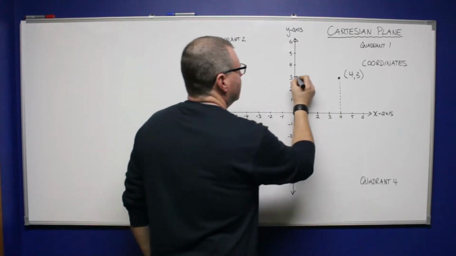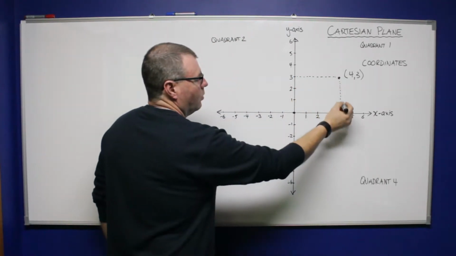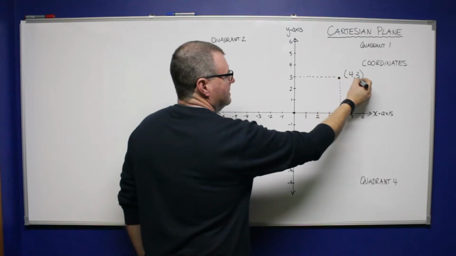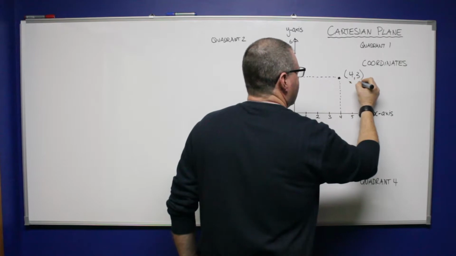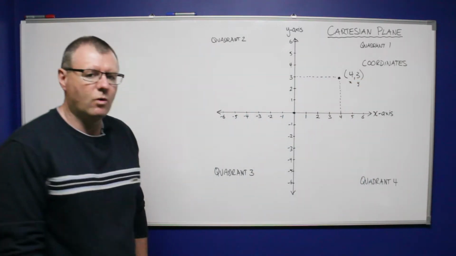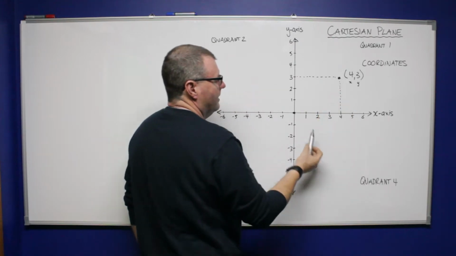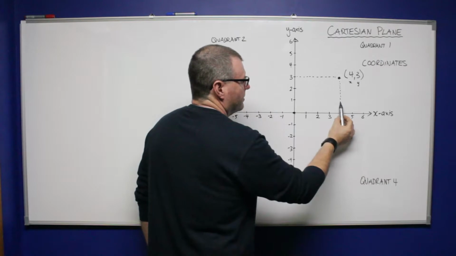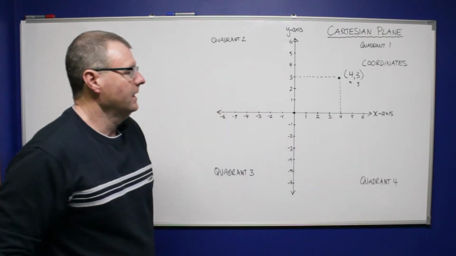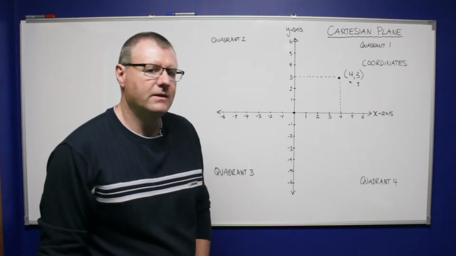And then if I go up 1, 2, 3 places, I'd get to my y value. So this is my x value, and the second number is my y value. To locate that point, I go across 1, 2, 3, 4, and I go up 1, 2, 3. We always do them in that order. We always put the x value first and then the y value.